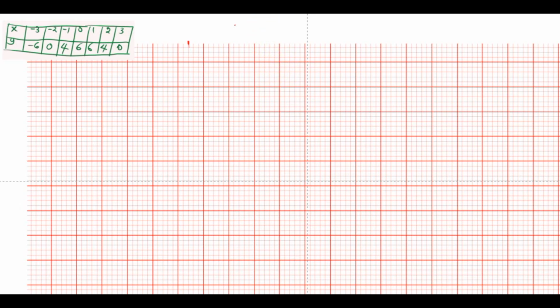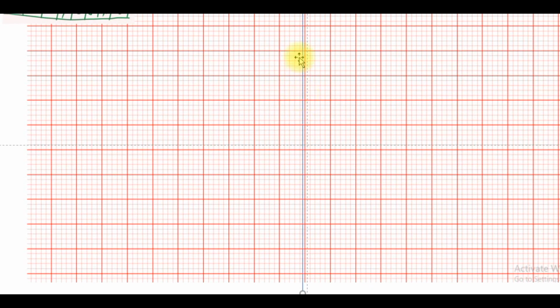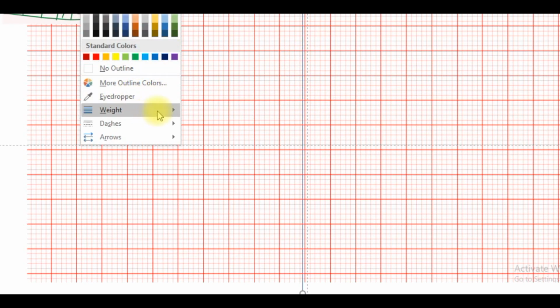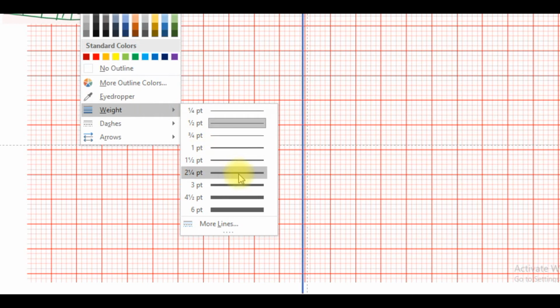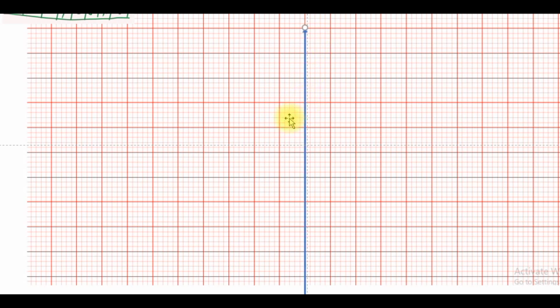So that's my y. So these are the y axis.